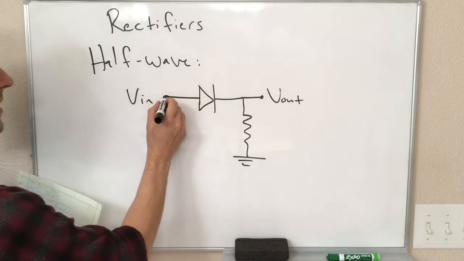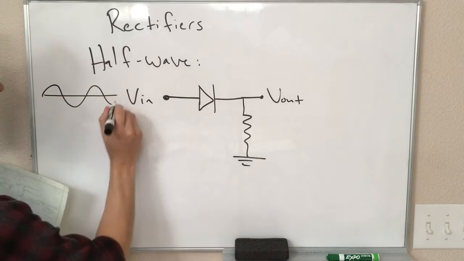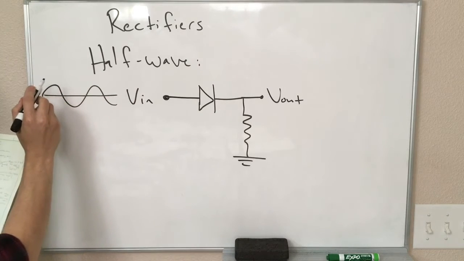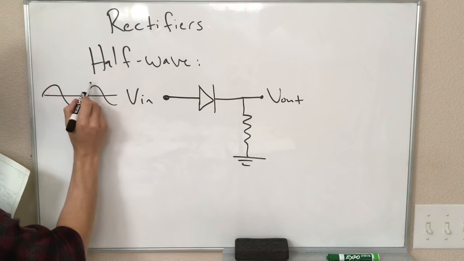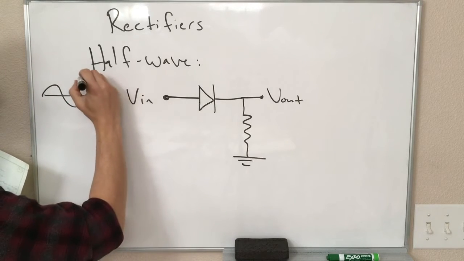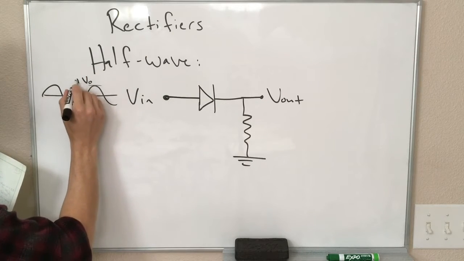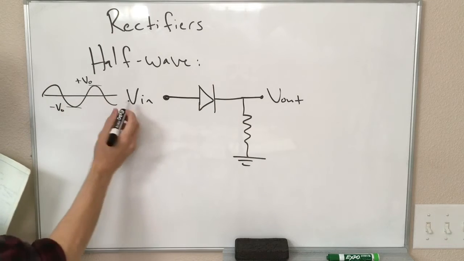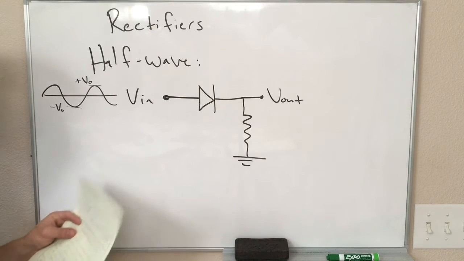Let's say our input signal is a sine wave, and it is between plus V naught and minus V naught. V naught is the amplitude of this voltage. We don't care about what the frequency is, it's not going to make a difference.